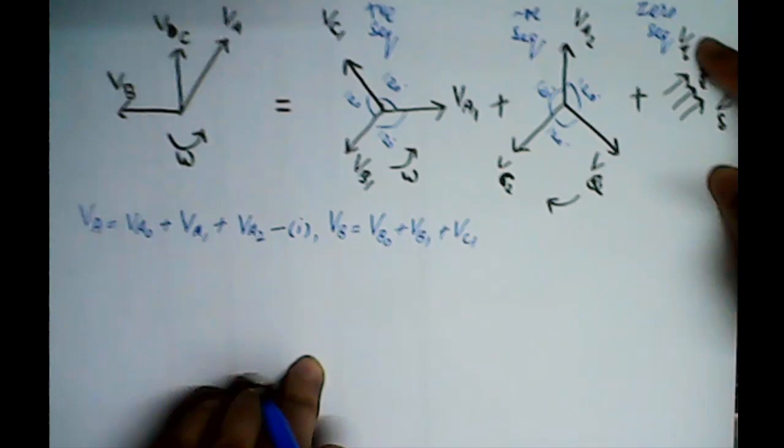So VA1 is equal to V1, then VB1 will be equal to how much? You can see A1 to B1 is either minus 120 or plus 240, right? So V1 angle plus 240, anticlockwise is positive, and similarly VC1 is equal to V1 angle plus 120 or minus 240, which is also the same.